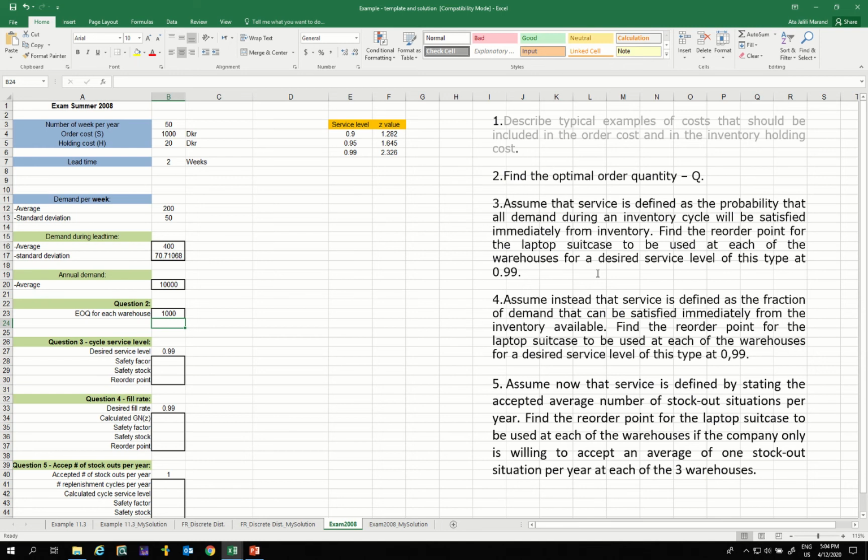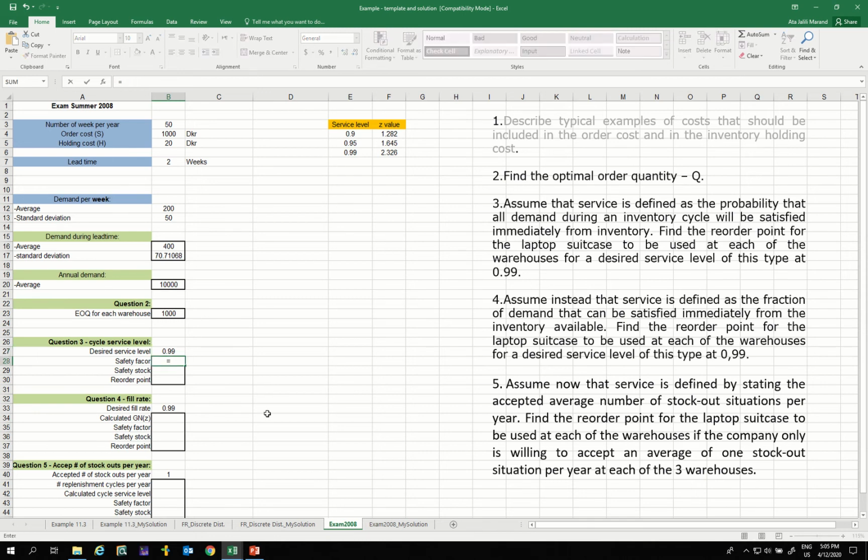So here in part 3, we will consider service or cycle service level, the definition of the service level in the book. And what we want to do is to find the reorder point for the laptop suitcase to be used at each of the warehouses for a desired service level of this type at 99%. So here 99%, as we mentioned, is the cycle service level.